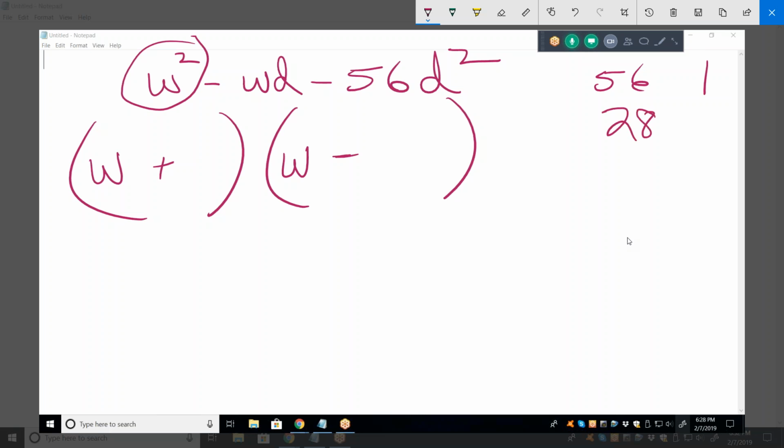Keep going. And then it would be 3 doesn't go into it. And then always try to cut this in half. The thing on the left. Okay, so then it would be 14 and 4. Keep going. And then it would be 7 and 8.